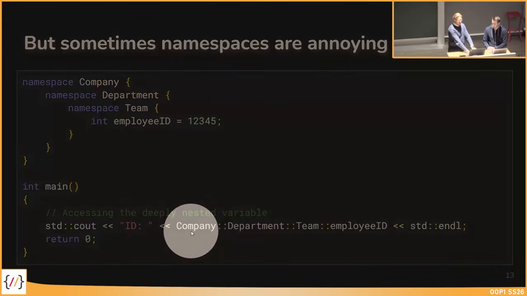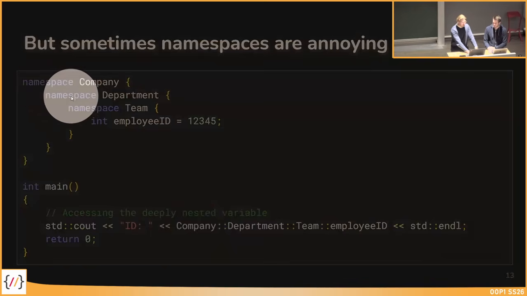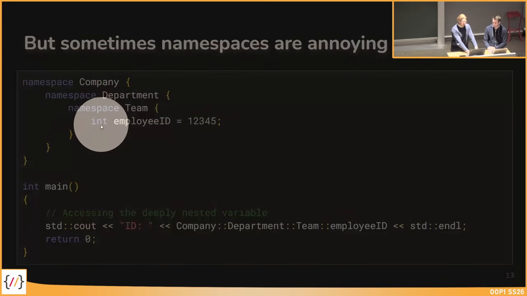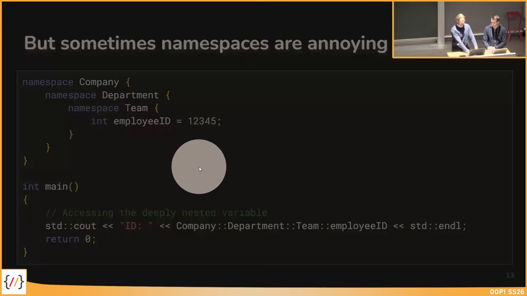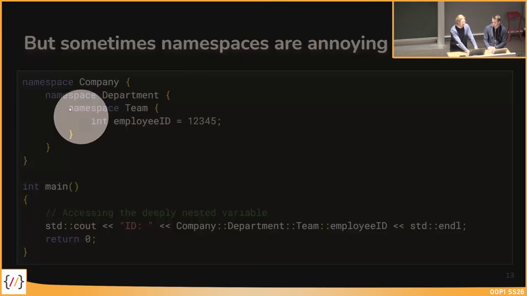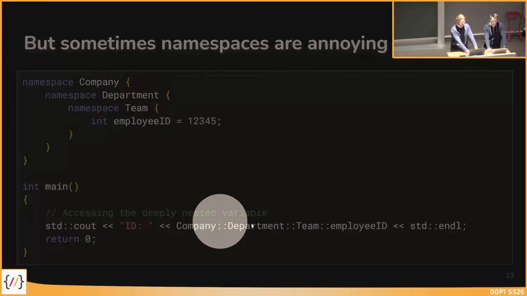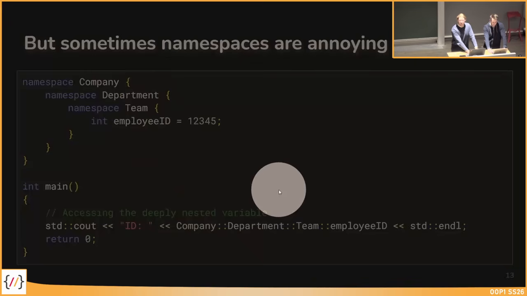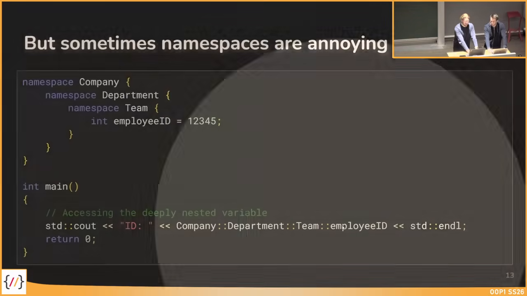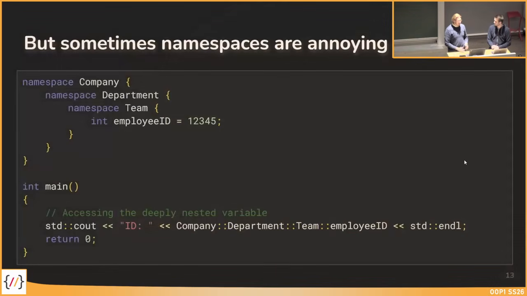Yeah, absolutely. So we have 3 different namespaces here, just to have an integer variable. And to access this integer variable, we have to go all the way from the first namespace company to the second namespace department, third namespace team, until we finally reach the employee ID. So yeah, they are quite useful, but they can also be annoying, especially, as you've mentioned, Lucas, if they are nested, if you have multiple levels of namespaces.